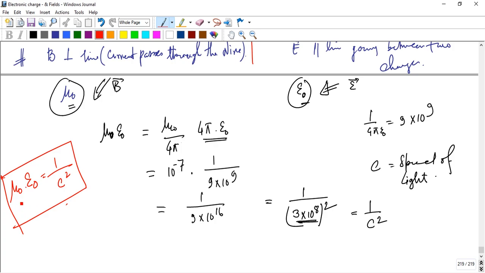So there's a magnetic field, there's an electric field, and light is an electromagnetic wave. There are similarities. Light is an EM wave, we know that. Okay, clear? That's some similarity when we combine electric field and magnetic field. That's a very basic way.